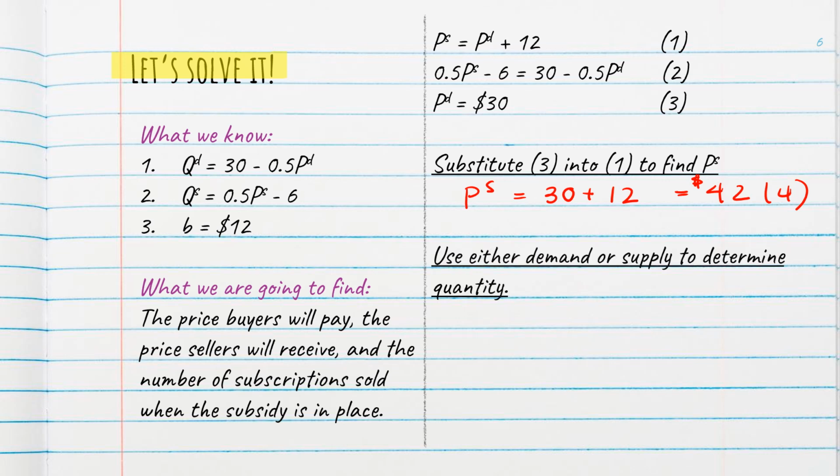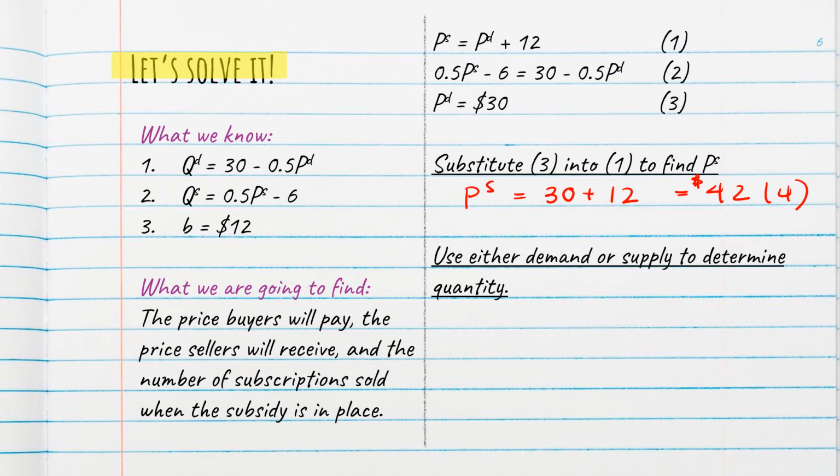Now we're going to use either demand or supply to determine the quantity sold when the subsidy is in place. Keep in mind, you just have to make sure that if you want to use the supply curve, you plug in that the seller price is 42. And if you want to use the demand curve, you plug in that the buyer price is 30. I'm going to use the demand curve.